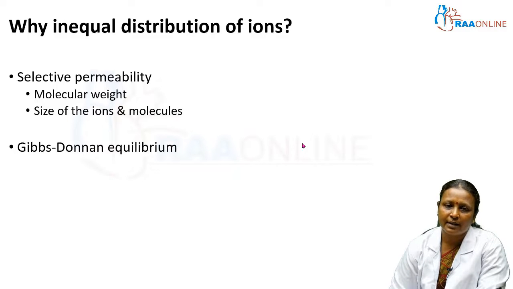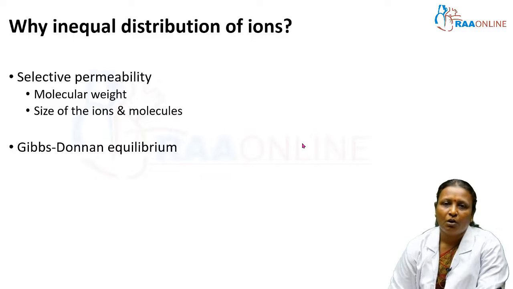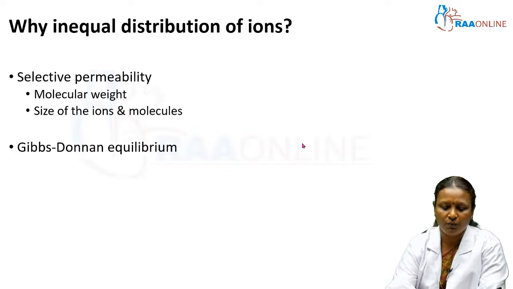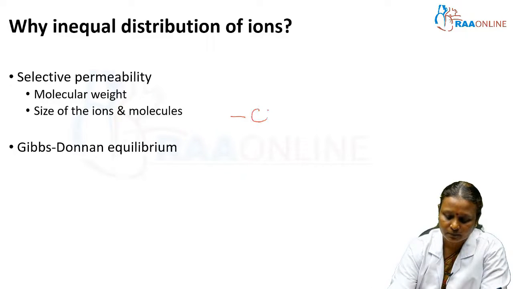What decides the selective permeability? The molecular weight of the substance, the size of the ions, the type of molecules, all these will decide the selective permeability. One is the presence of channels. Then the size. What decides the size?